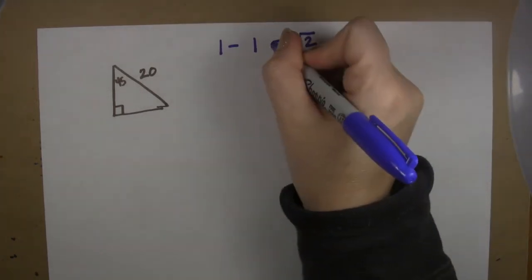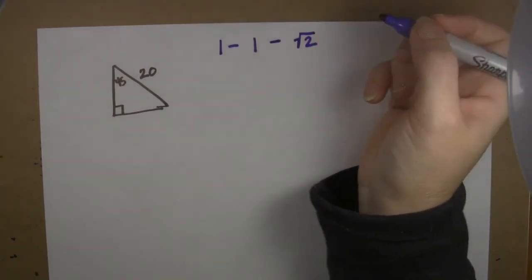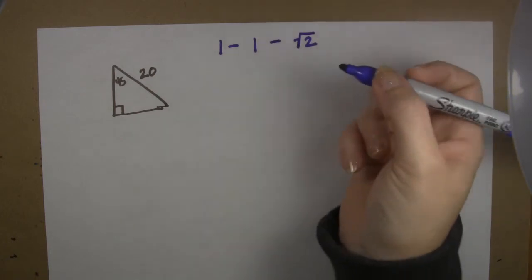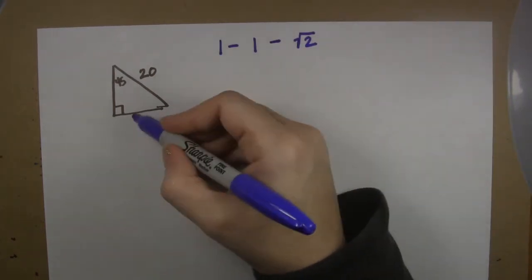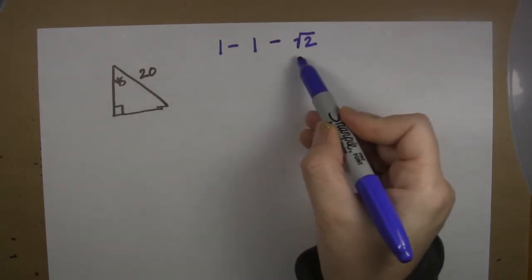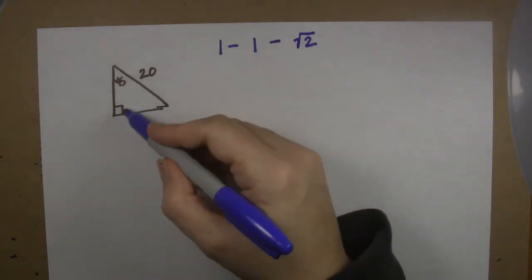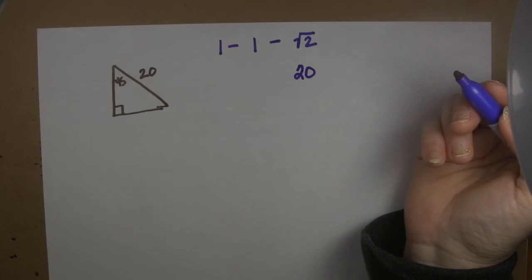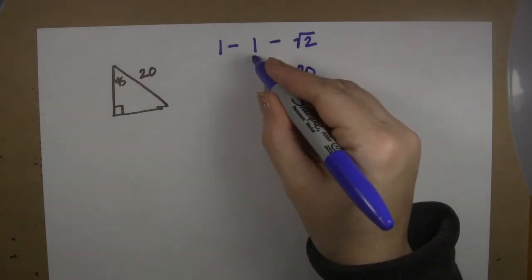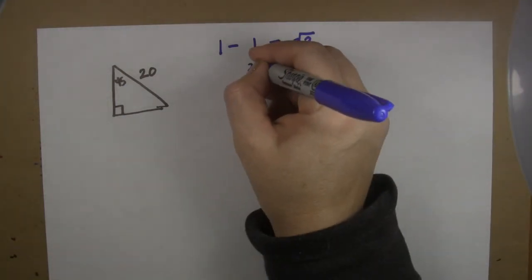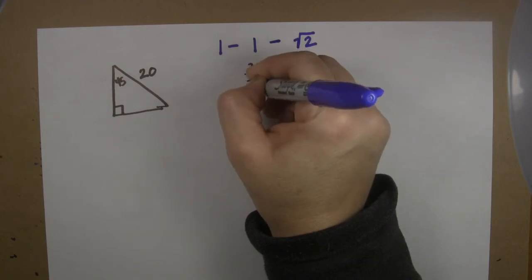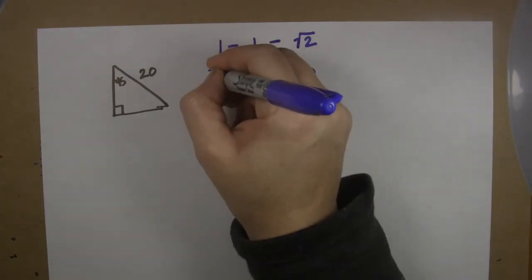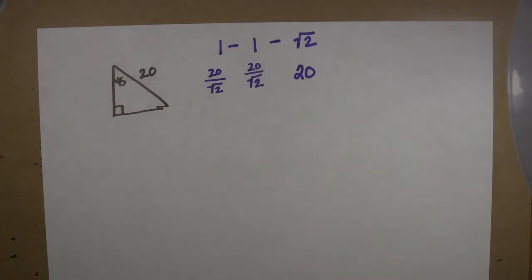Those are not minus signs, those are little dashes. Okay, so 1 to 1 to radical 2. So we don't know what either of our legs are, so we have to leave that blank. But our radical 2 side, our hypotenuse, is currently a 20. That means that our single sides have to be 20 divided by radical 2.